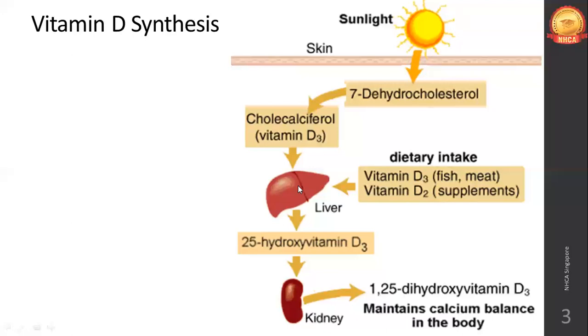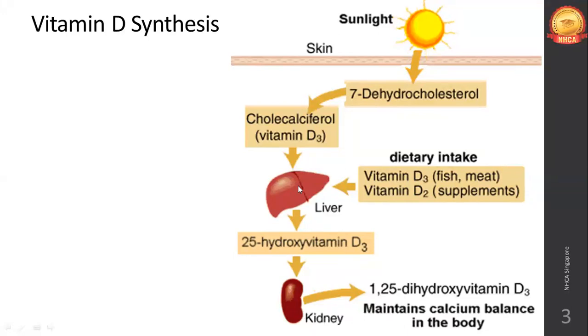It releases vitamin D3 in the form of 25-hydroxy vitamin D3, which means it has a 25 carbon compound, and on the 25th carbon there is a hydroxy group. That's why this name has come. 25-hydroxy, in the 25th carbon atom you have the hydroxy group.